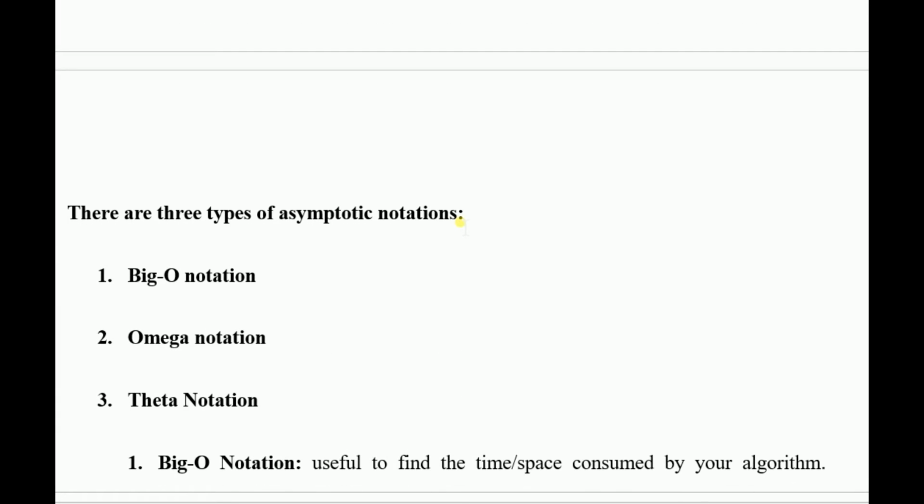There are three types: one is big O notation, second is omega notation, and third is theta notation. Sometimes there may be a question: what is asymptotic notation, and name three of them. Remember: big O notation, omega notation, theta notation.